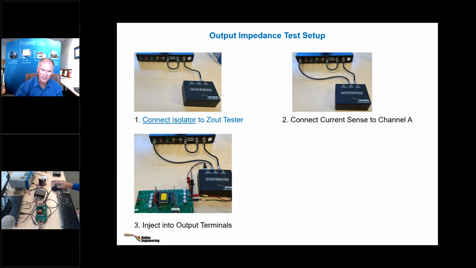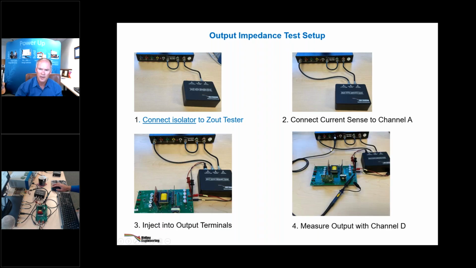So you're careful to make a 4-terminal connection here. There are two connections injecting the signal, and 2 other connections measuring the signal. This is connected right to the output caps, and this is measured right to the ground plane. It makes a difference.